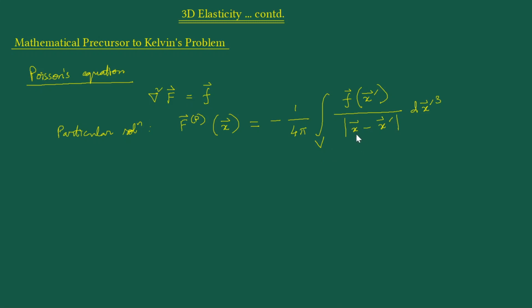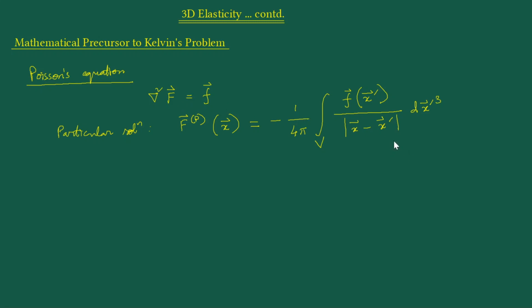This x vector represents that whatever the result of this integration is, it will be a function of this x vector. Because after this integration with respect to the x dash has been done, please note that we know the form of this f vector because it is given to us. That is the load or the source driving the distribution of whatever this f has to be.